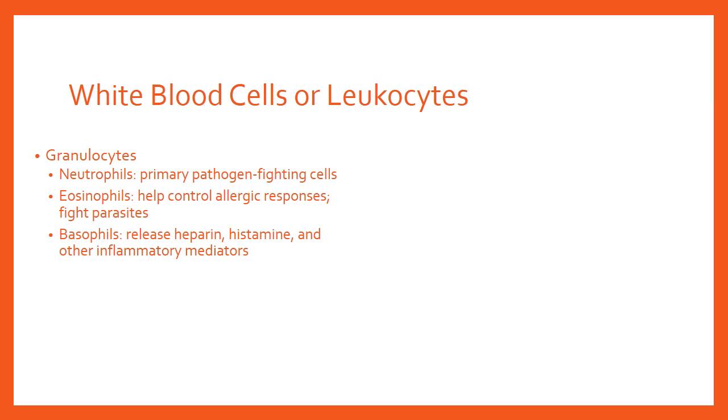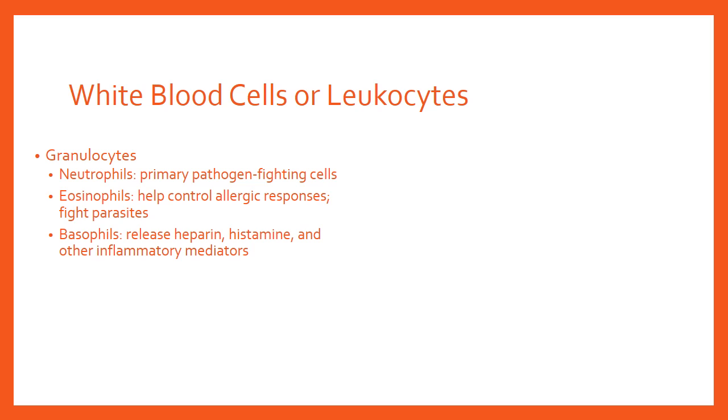White blood cells can also be named leukocytes. One of the important components of white blood cells are granulocytes. The name granulocytes comes from the notion that they have granules inside: neutrophils, eosinophils, and basophils. Neutrophils are the primary pathogen fighting cells.